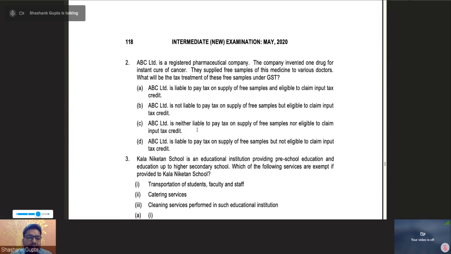And the D option says ABC Limited is liable to pay tax on supply of free samples but not eligible to claim input tax credit. Now, what will be the correct answer? I want all of you to give your views, your answer in the query section.